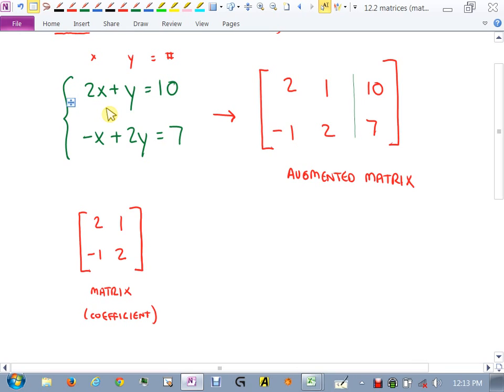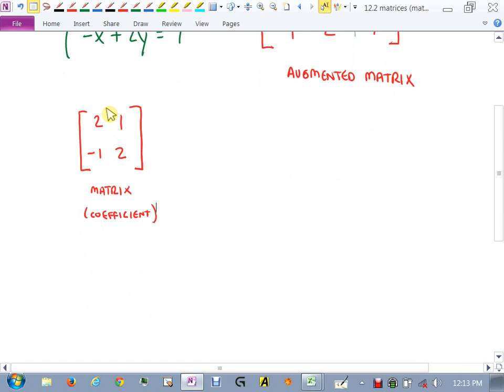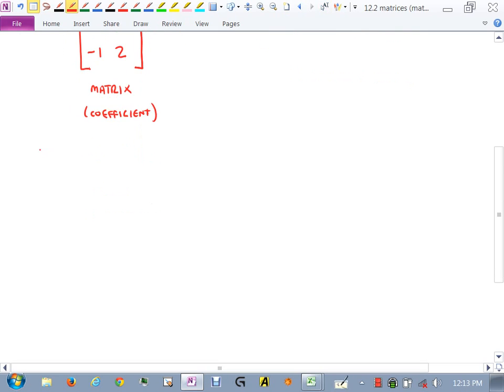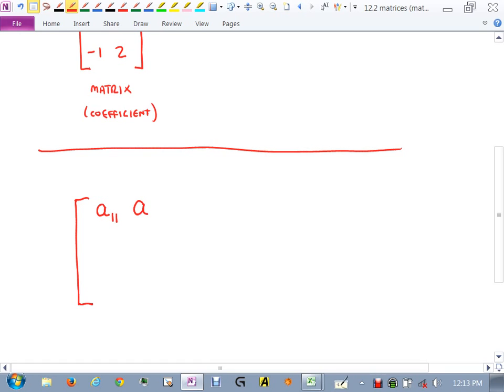Now, when we look at a matrix, it doesn't matter what the numbers are, how many numbers we have across and down. We have some terminology that we want to understand. So in general, if I have a matrix, and let's call this A11, A12, A13, and this goes on.